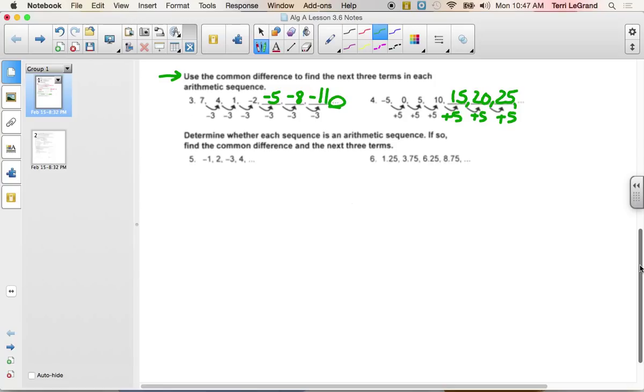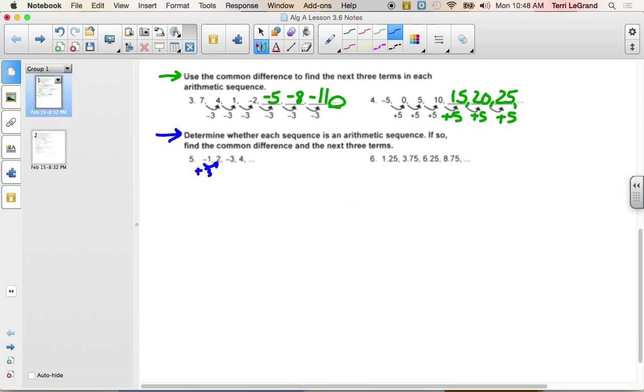Okay, then let's look at the next set of directions. It says determine whether each sequence is an arithmetic sequence. So in other words, we have to look for a common difference, don't we? If so, find the common difference and the next 3 terms. So we're going to say from here to here, what do we have to do? From negative 1 to 2, what is that? Brighton? Add 3.